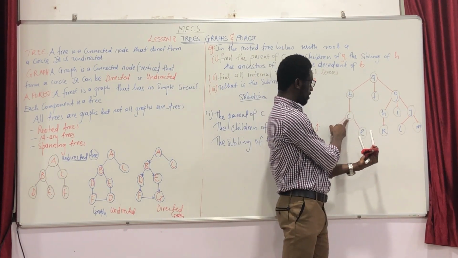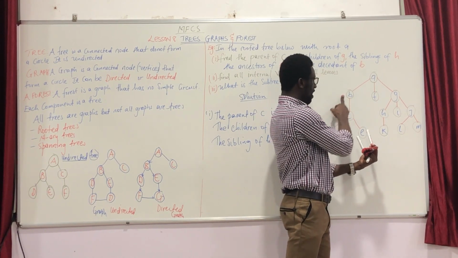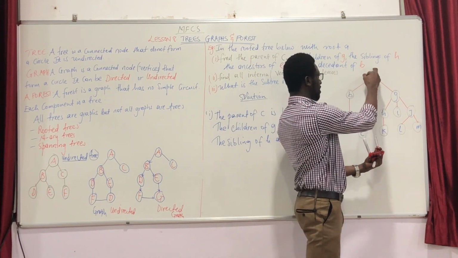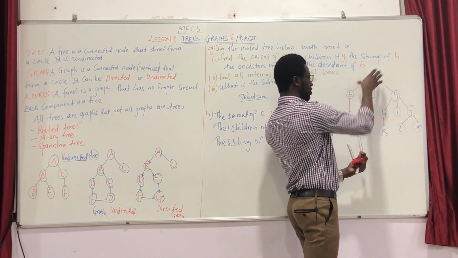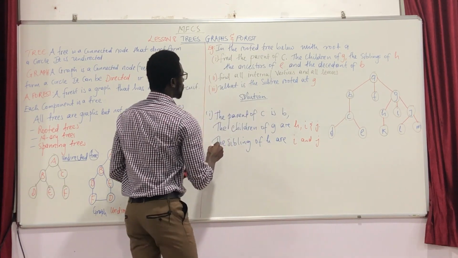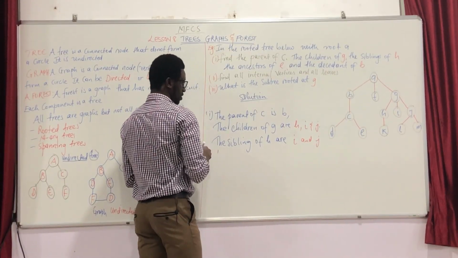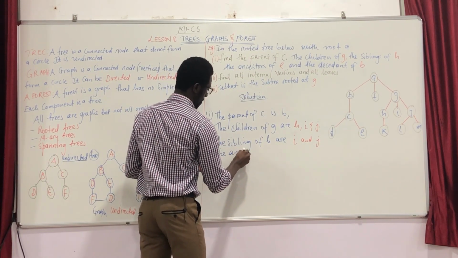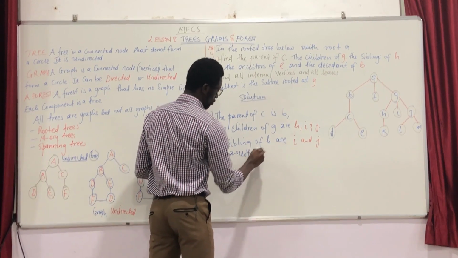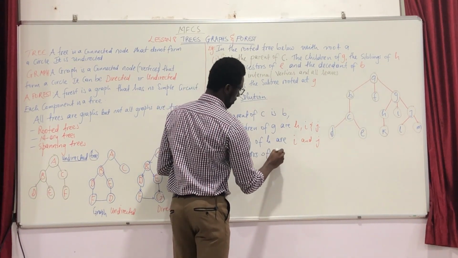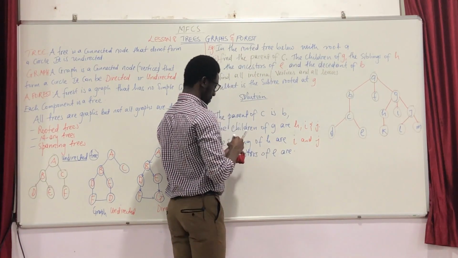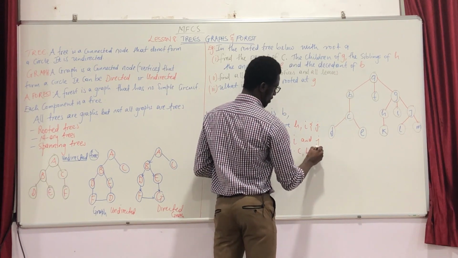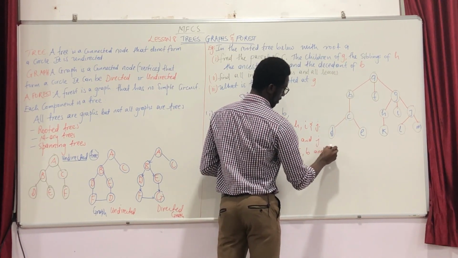So first to come from C, B, and A. So the ancestors of E are C, B, and A. So the root node here, because this is the root. The ancestors of E are C, B, and A.